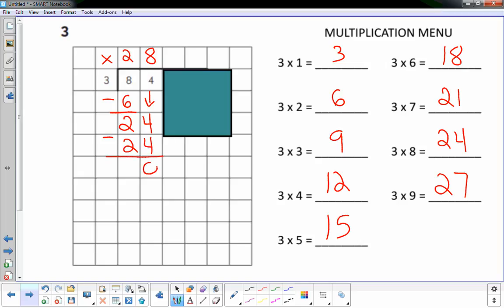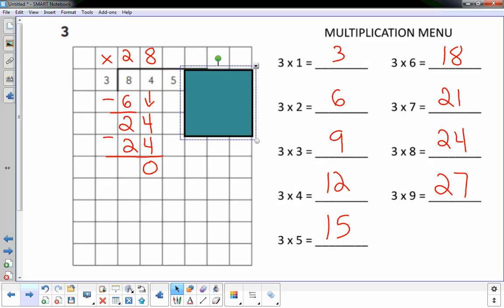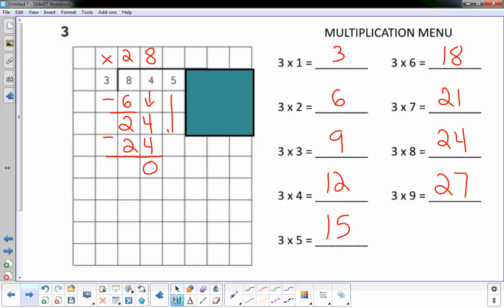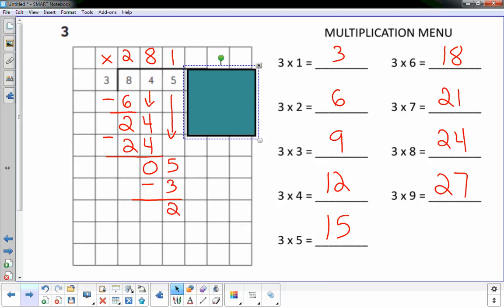Subtract. 24 minus 24 is 0. Uncover the next digit. Bring it down. It's a 5. Can 3 go into 5? Yes, it can one time. So put a 1 up here. 1 times 3 is 3. Subtract. You get 2.